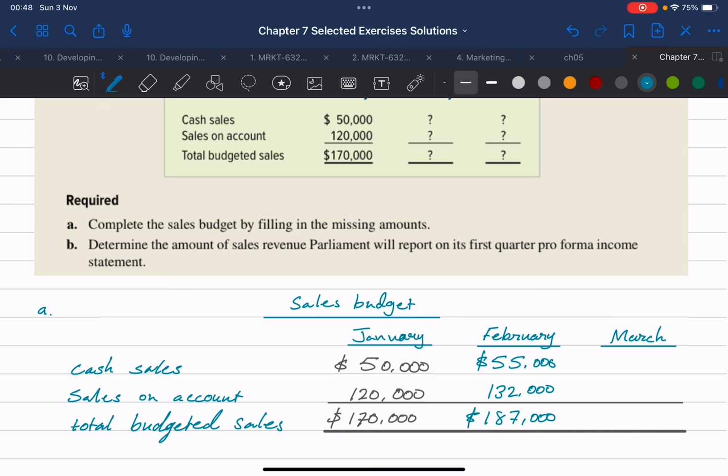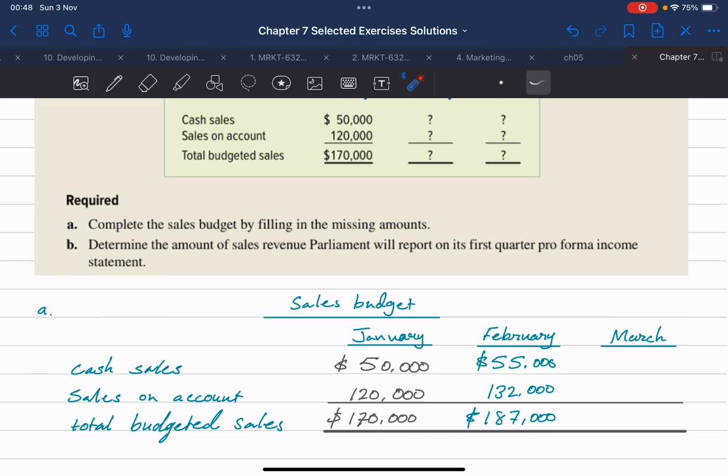Another way to do it, which is unnecessary because it's a little bit longer, is to use your calculator to figure out the increase in the total budgeted sales, the 170,000. So I say 170,000 multiplied by 1.1, and that gives me 187,000. Then I can go back and calculate how much the cash sales represent out of the total budgeted sales.